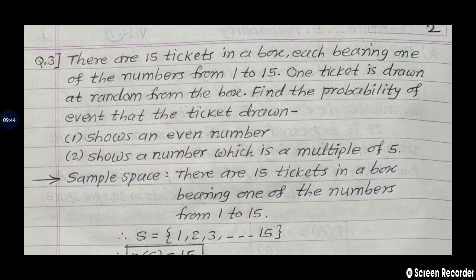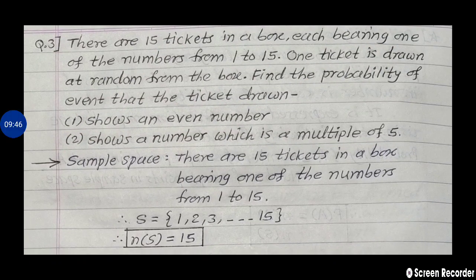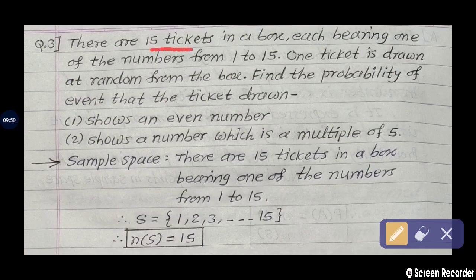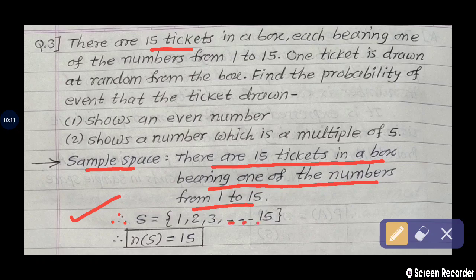Now see how to write the answer. How many tickets are given in the box? Total 15. So we write the sample space this way. Answer: sample space, as there are 15 tickets in a box bearing one of the numbers from 1 to 15. Therefore, S is equal to {1, 2, 3, ..., 15}.